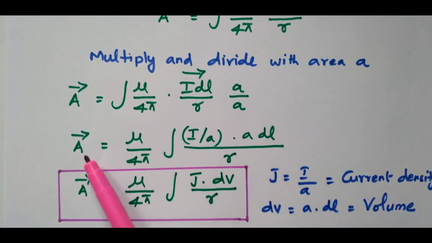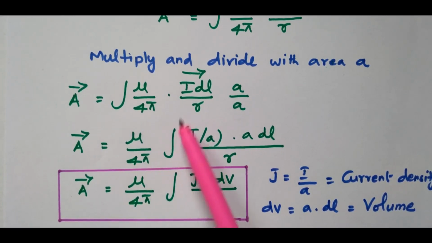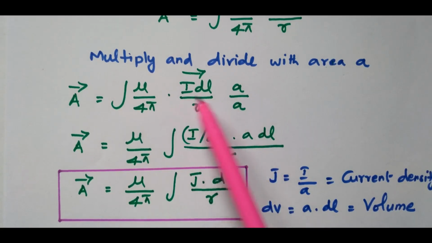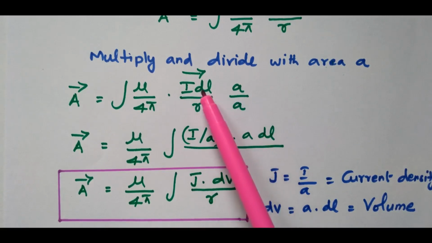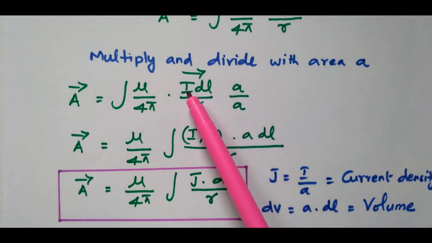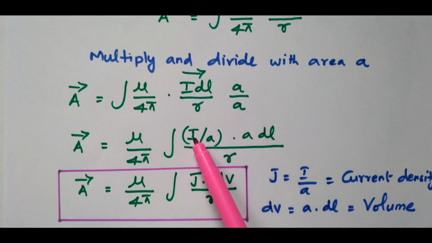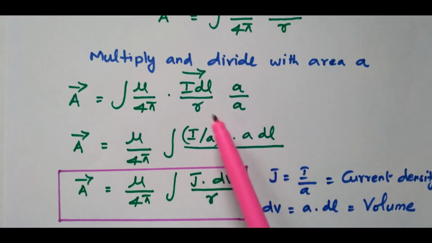It is rewritten as A vector equal to mu by 4 pi, which is constant, taken outside, integral of I by A, combining these two parameters, into dl divided by r. So I divided by A is written here, dl A is written here, and r is written here.